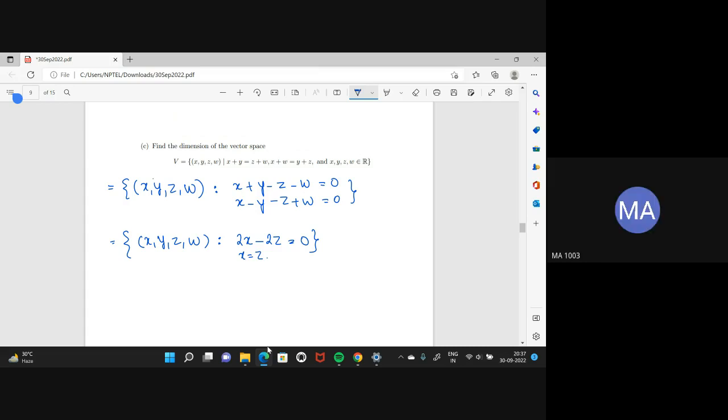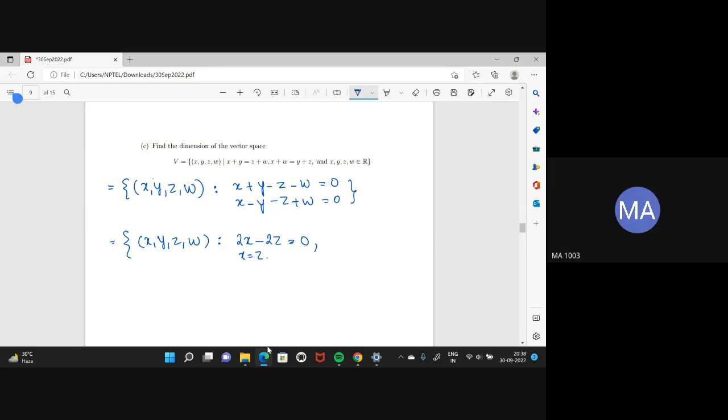You shouldn't stop here because you're just getting x is equal to z. So you're telling that (1, 2, 1, 4) belongs to this vector space from this step, right? But does this element actually belong to the vector space? x plus y should be equal to z plus w. Is that satisfied? No, ma'am. So there is something wrong. We are missing out on some equation.